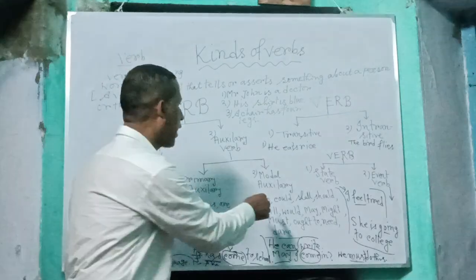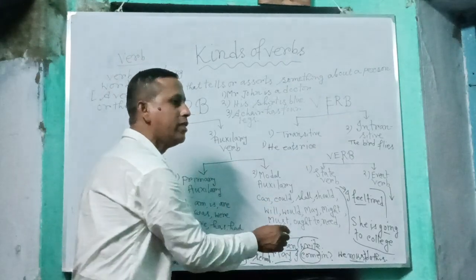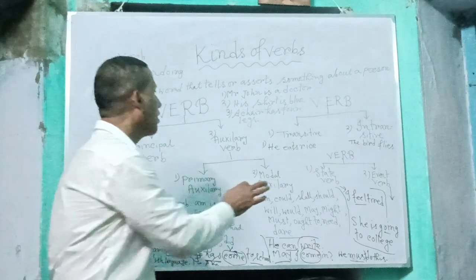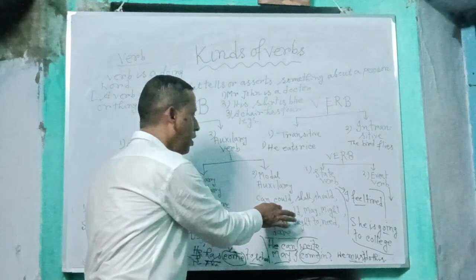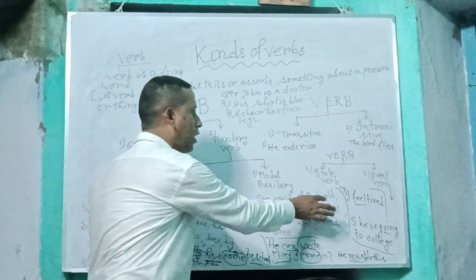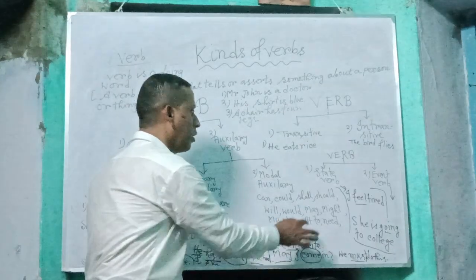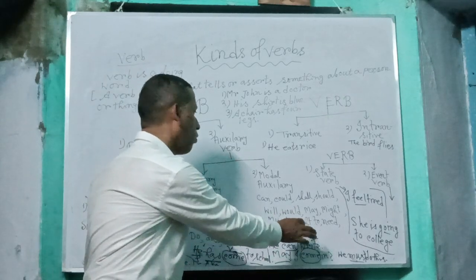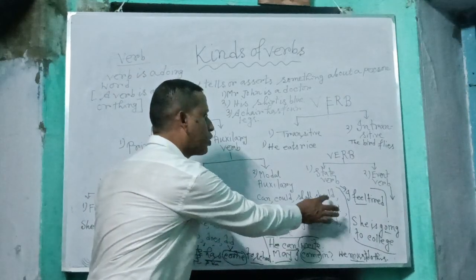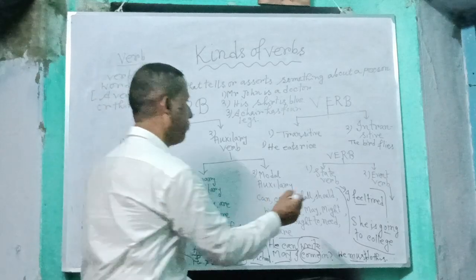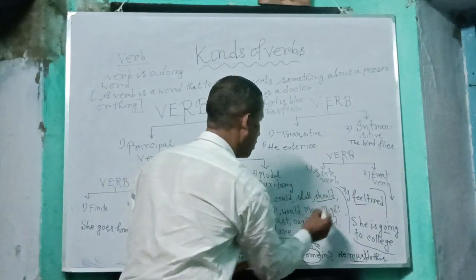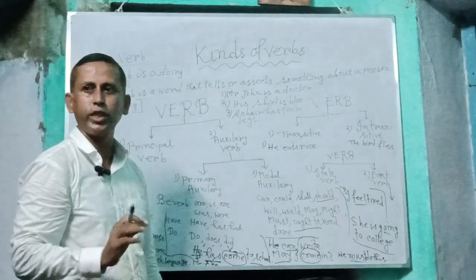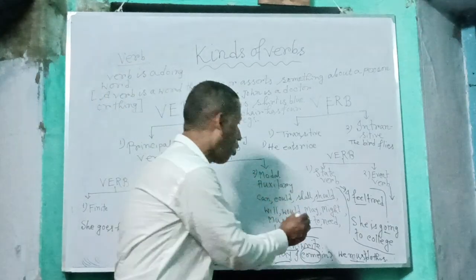The accent is on could. So: can, could, shall, should, will, would, may, might, must and ought to. Ought to is like should, but after should don't use to, only after ought.